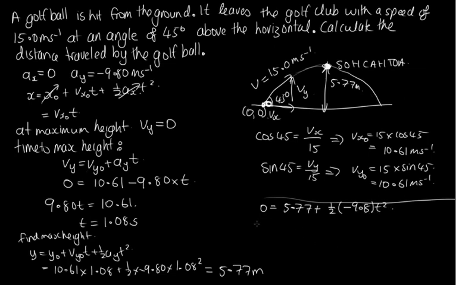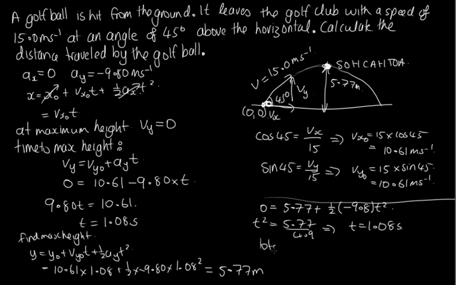So we've got t squared is equal to 5.77 over 4.9, and so solving this on the calculator, we end up with t is equal to 1.08 seconds, which is the same as the time it took to get to that maximum height.